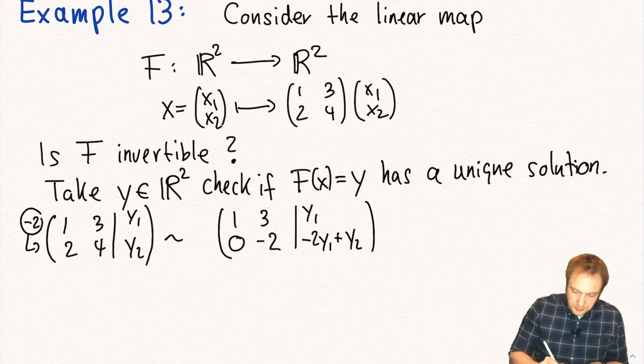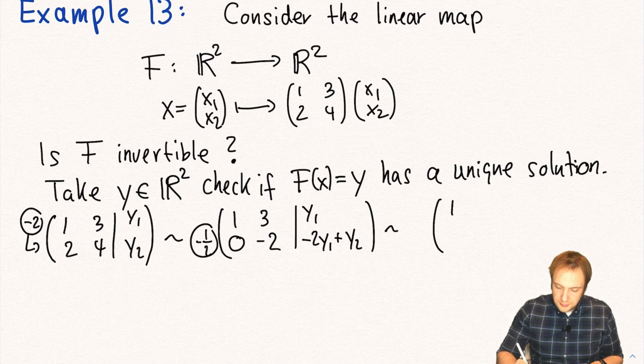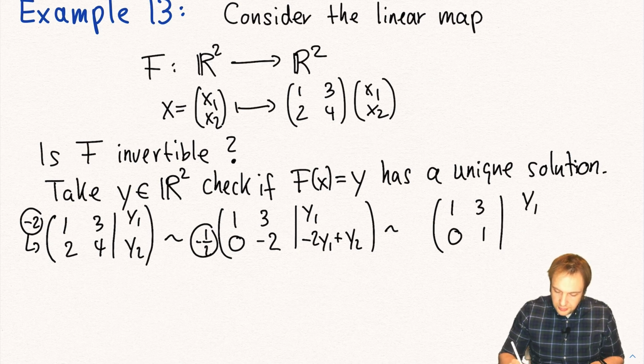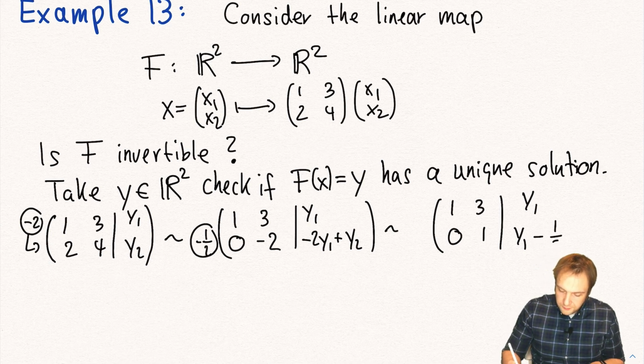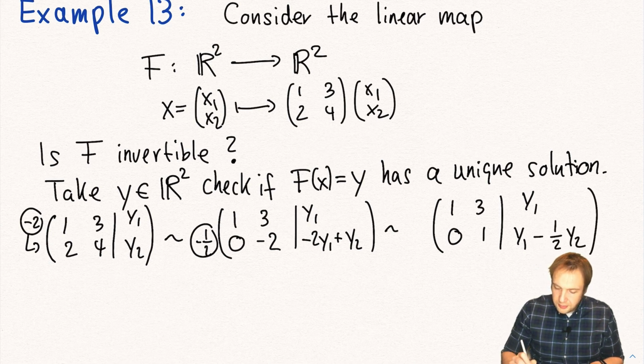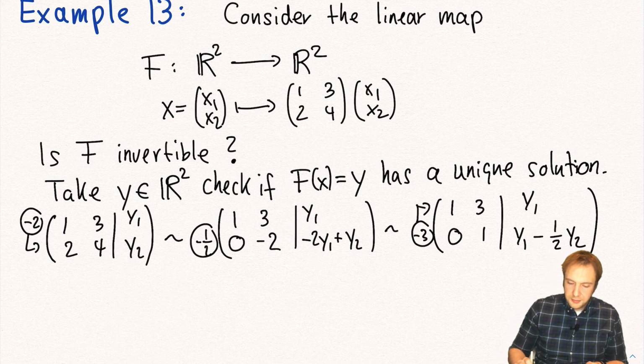And now we can make this minus 2 into a 1 by dividing by minus 2. And then we get 1, 3, 0, 1. And here y1, and now I have plus 1 y1 and minus 1/2 y2. And now we just need to get rid of this 3 by subtracting the second row 3 times from the first.